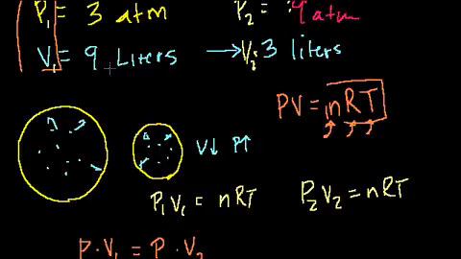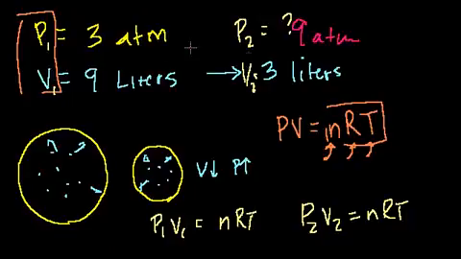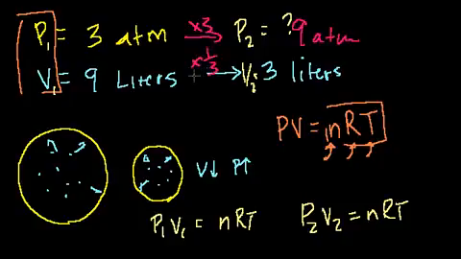And that should make sense. When you make the volume 1/3 of your original volume, your pressure increases by a factor of 3. And that's a useful thing to know in general: if temperature is held constant, pressure times volume is a constant.